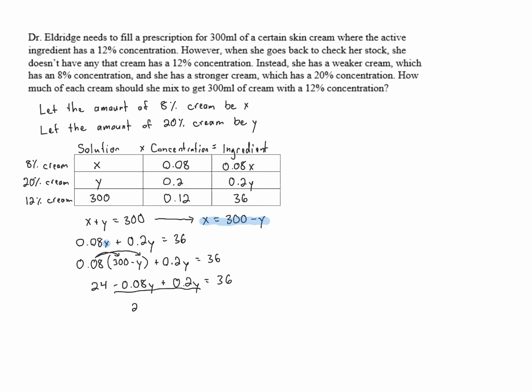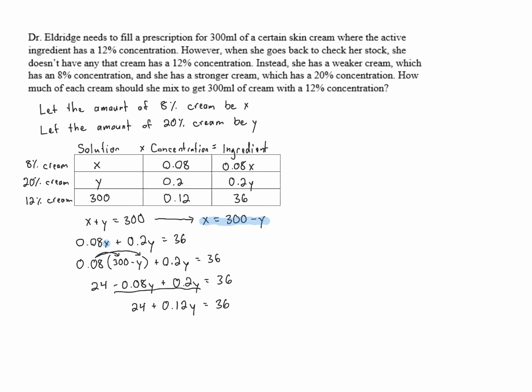We still have that 24 out front. And then what do we get when we take negative 0.08y and add 0.2y? When we combine these, we end up with 0.12y, and that's still equal to 36.